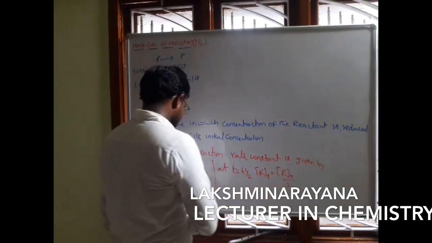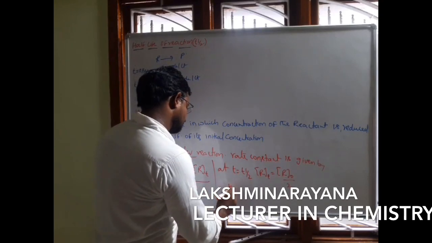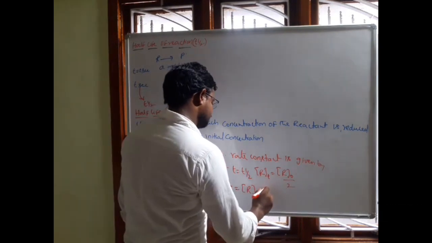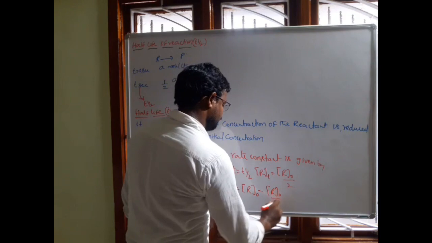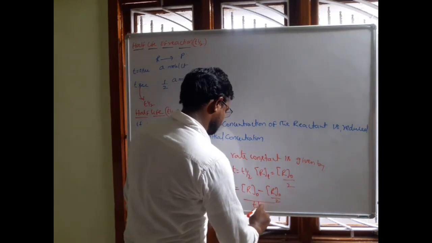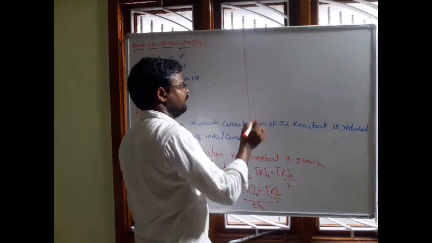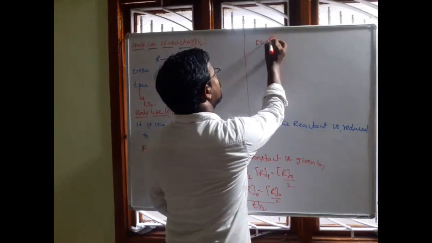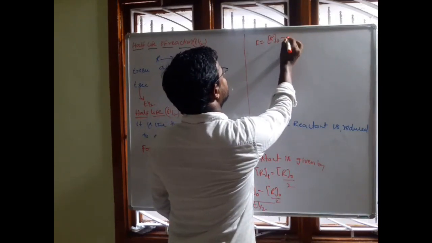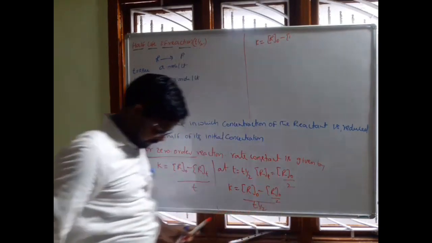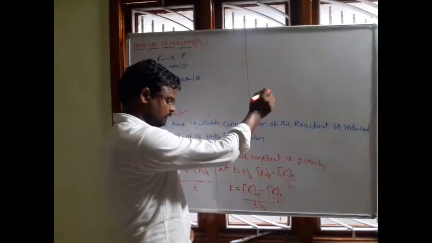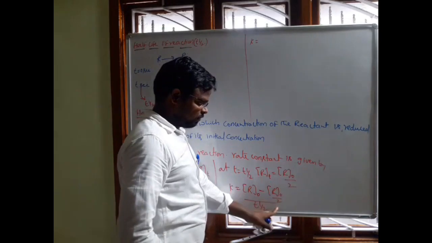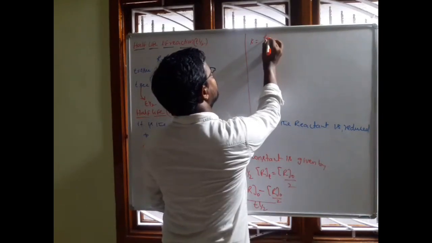Now, on substituting these two terms in equation 1, we get K equal to R naught minus R naught by 2, divided by T half. Therefore K equals R naught by 2 into T half.